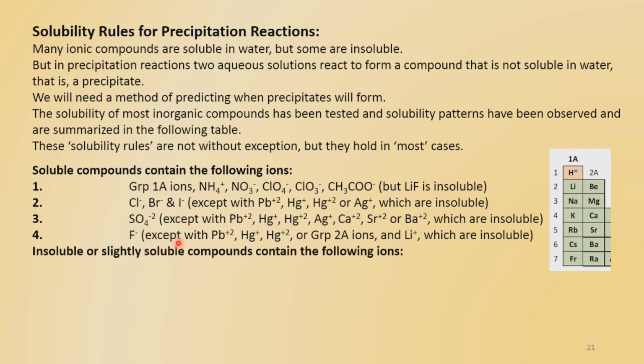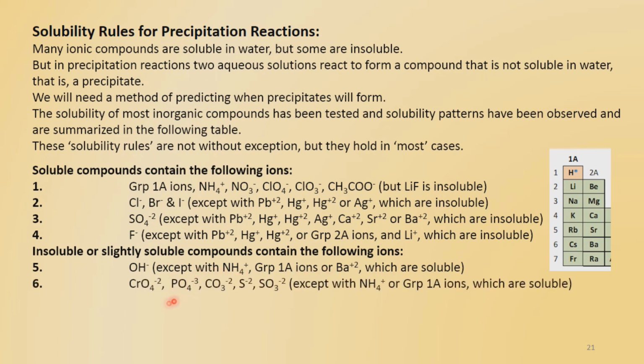Now, what follows is a list of a couple groups of ions that are almost always insoluble. Almost all hydroxide compounds are insoluble unless the hydroxide is combined with ammonium or the group 1A ions or barium, in which case the hydroxides happen to be soluble.